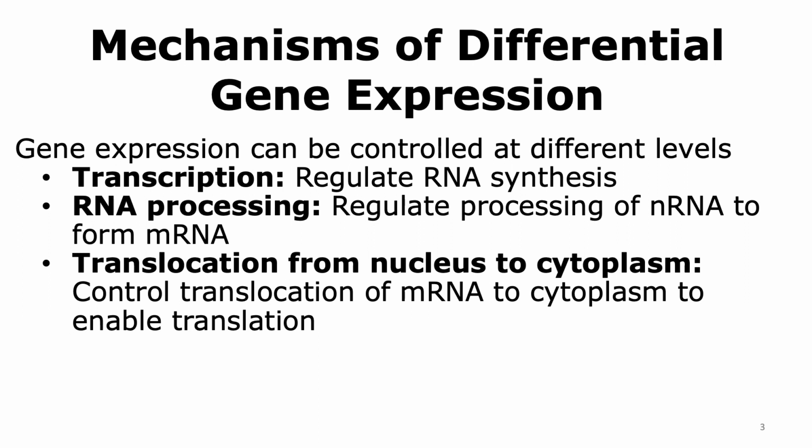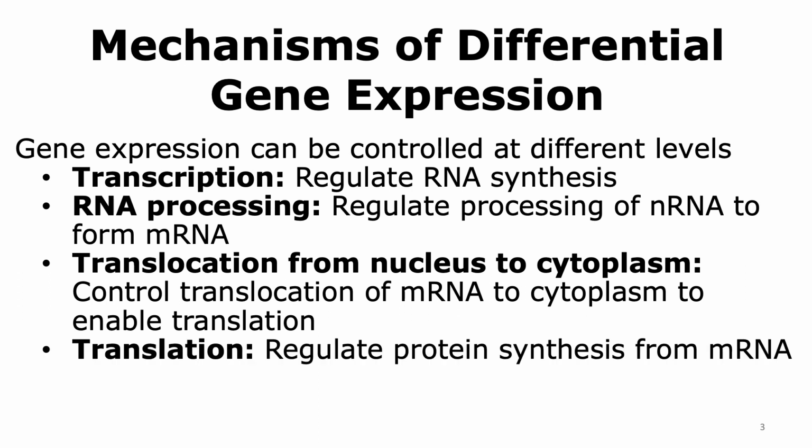Another mechanism of regulating gene expression is to regulate the translocation of the messenger RNA from the nucleus to the cytoplasm. Translation is another step of regulating gene expression because it is the step where we can regulate protein synthesis from the messenger RNA that has been made.